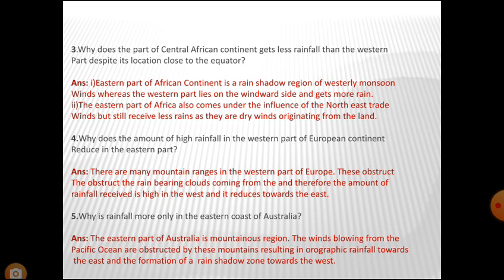And fifth one is, why is rainfall more only in the eastern coast of Australia?